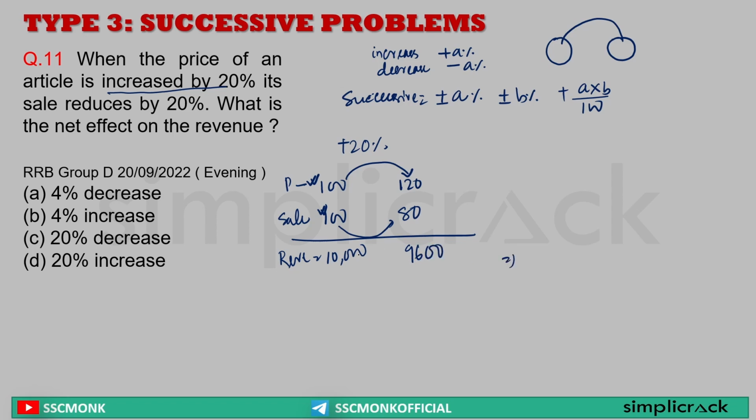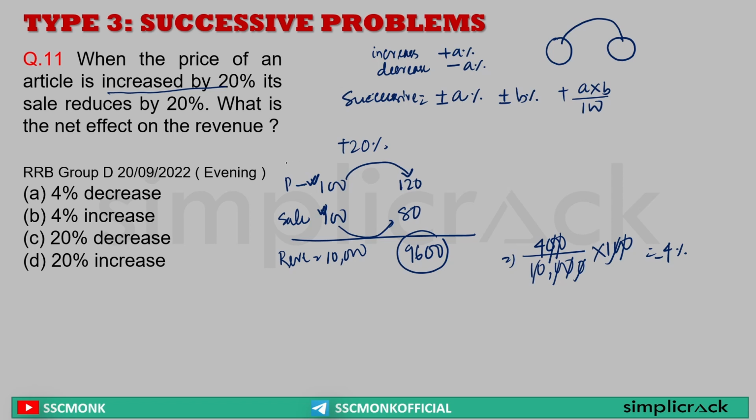I can say 10,000 minus 9,600 is equal to 400 upon 10,000 multiplied by 100. So it is 4%, and this has been reduced from the previous number, so it is dropped by 4%. Yes or no? This is one way.